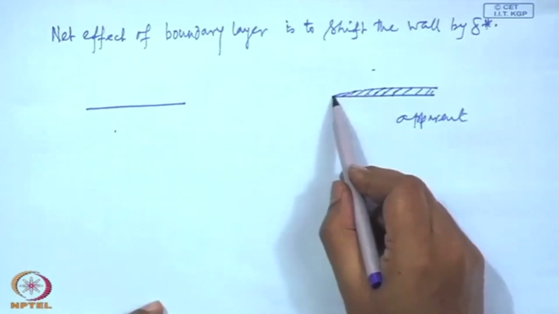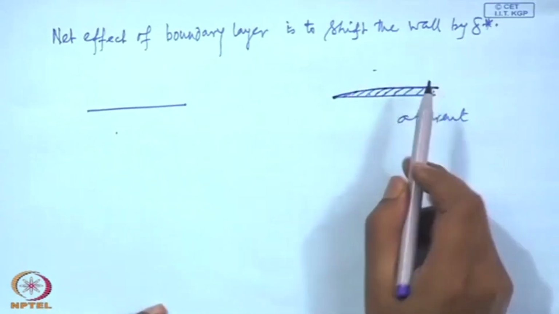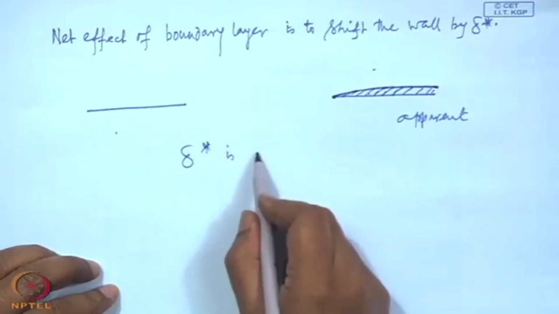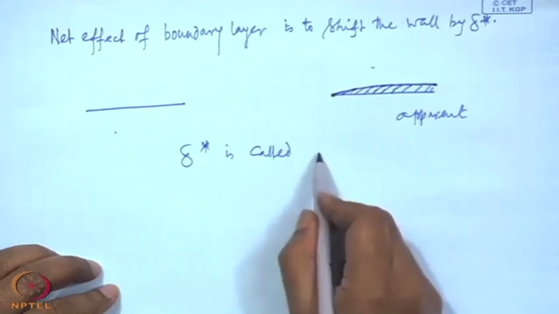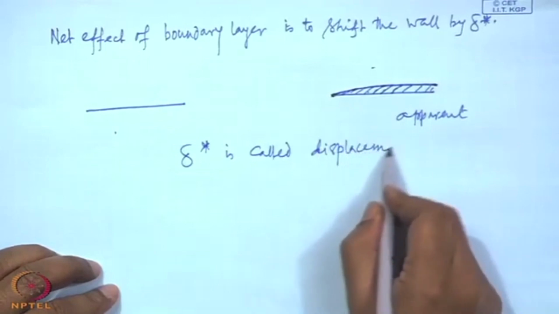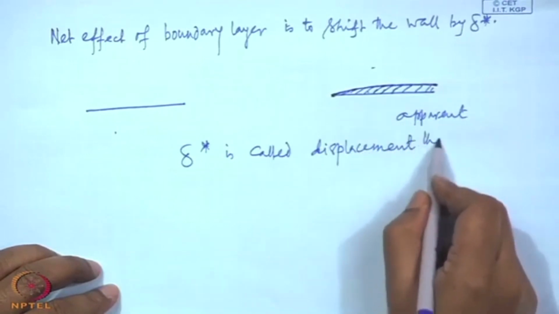And of course, it has become slightly curved, because this delta star or delta is not constant throughout the plate length, it changes. This delta star is called displacement thickness.